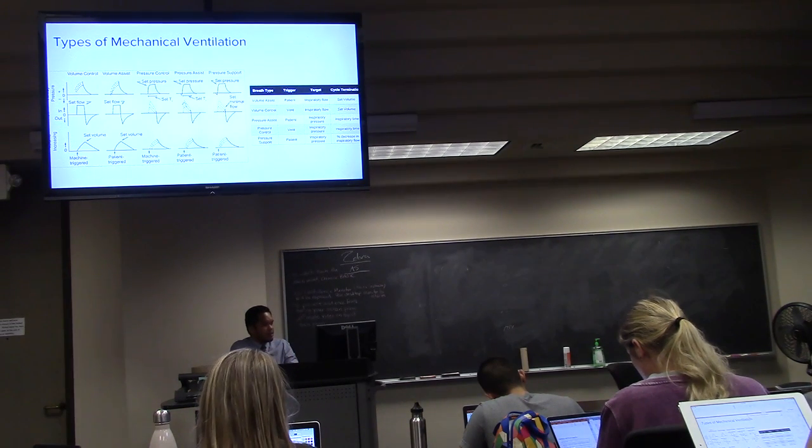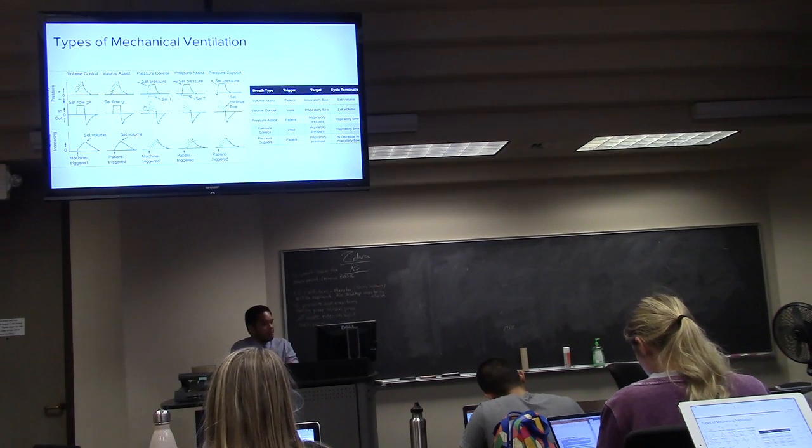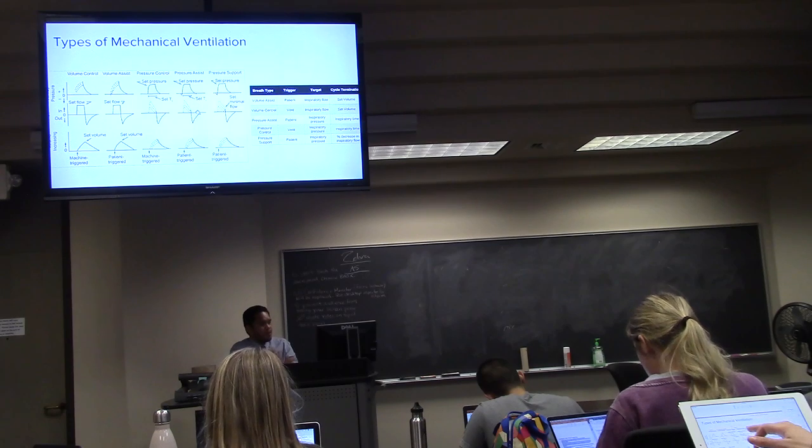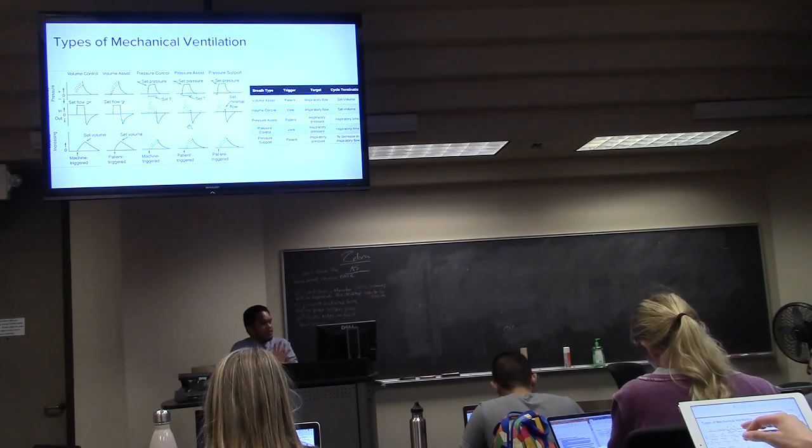In pressure control, similar concept. The patient is usually apneic and they will not trigger a breath. So the machine will then deliver a breath, but the breath is determined by the amount of pressure and the amount of time that you want them to breathe. And then in pressure assist, the patient is not completely apneic, they have a respiratory drive, they will trigger a breath, and then the machine will deliver a breath.